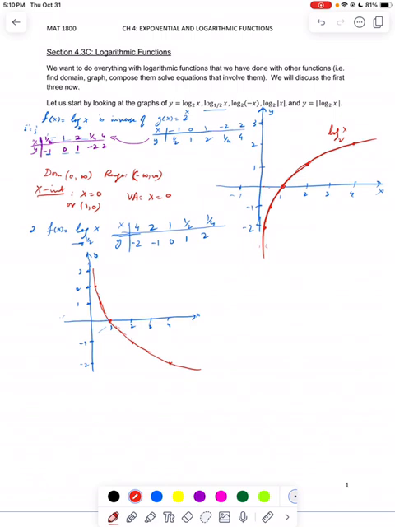So what is the difference between them? This is the log of x to the base 2, and this one is log of x to the base 1/2. In other words, this one is log of x to the base 2 to the -1.